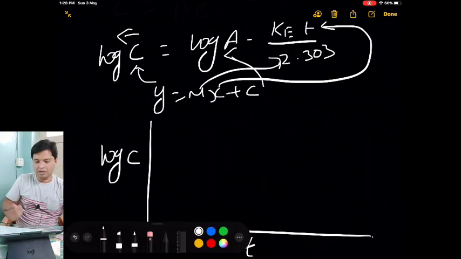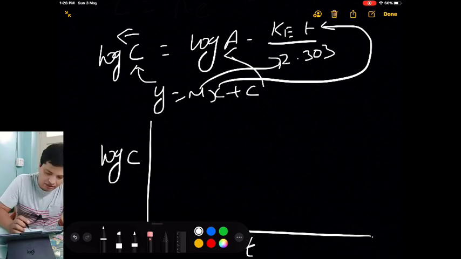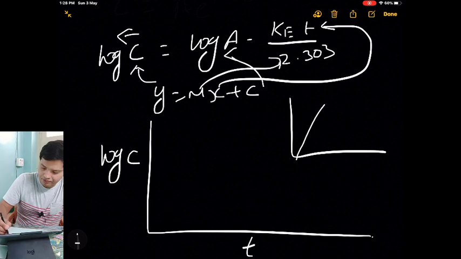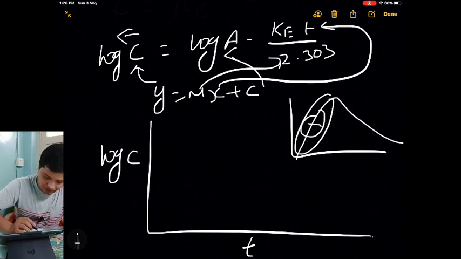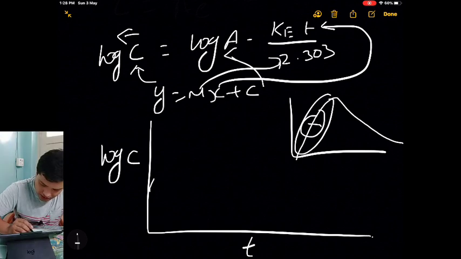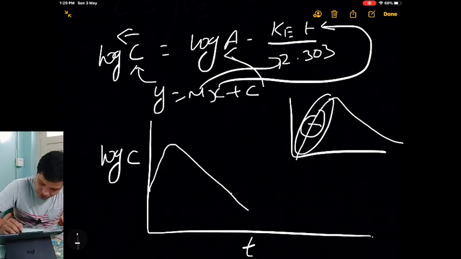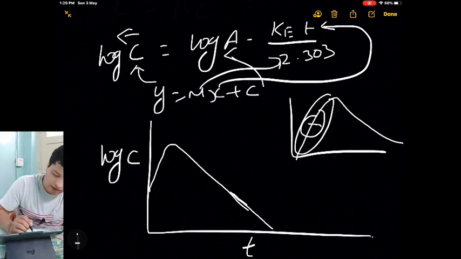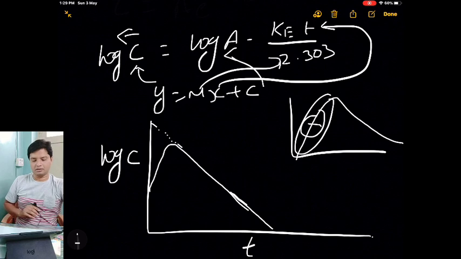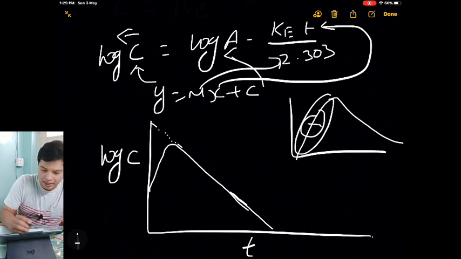Because we converted the multi-exponent to a single exponent, this graph will be reduced like this, and you will get only a straight line for the elimination rate constant. And I will try to extrapolate this graph to touch the axis.